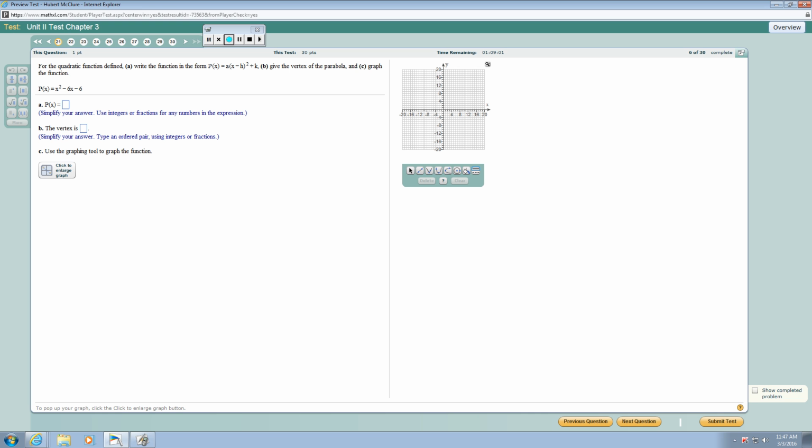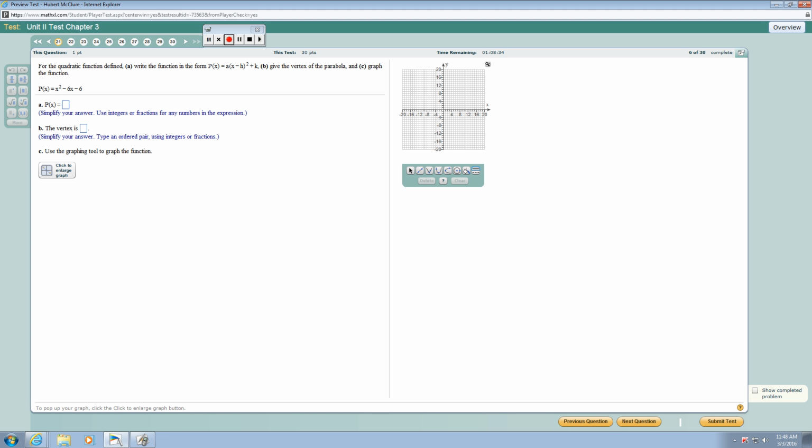Half of 6 is 3, squared, 9. So x minus 3 quantity squared is equal to 16. And that gives us a vertex of 3 and negative 15.